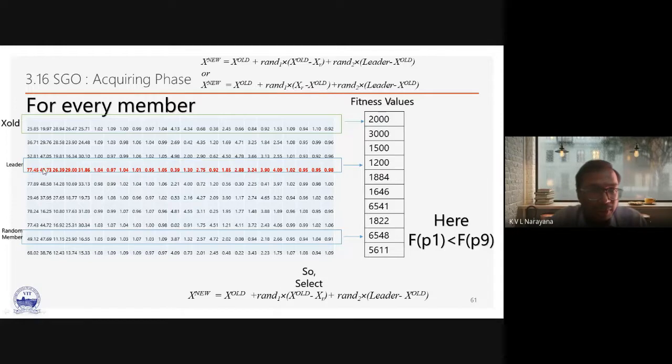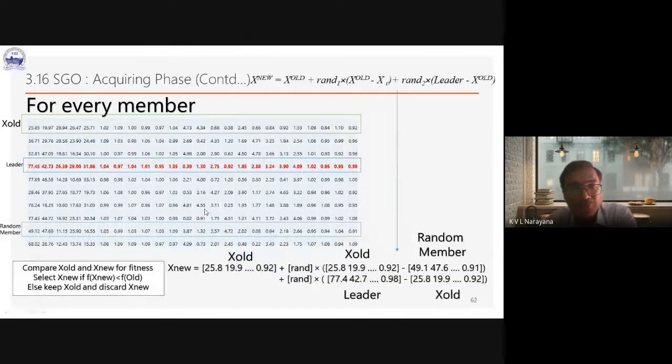The one highlighted in red can be considered as the optimal solution which minimizes the fuel cost of the IEEE 30 bus system, such that the first generator gives 77.45 megawatts of power, the second generator gives 42.73 megawatts, and so on. So this is the optimal combination of all 24 decision variables, which we considered in the formulation of the fitness function, obtained based on social group optimization.